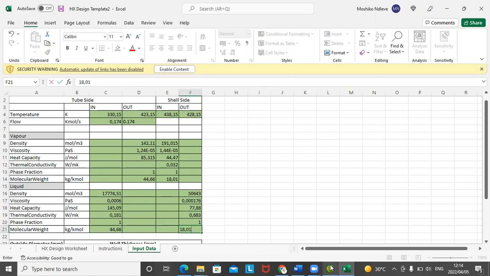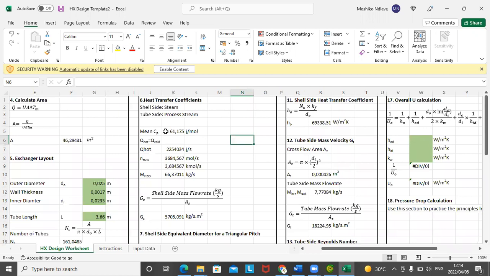Now, let's go back to our calculations. We've populated most of the information, and now you see that in the calculations, for the shell side, it will give you your hot and cold heat. The heat lost by the hot stream is gained by the cold stream.